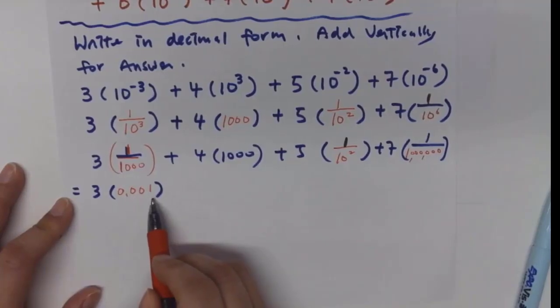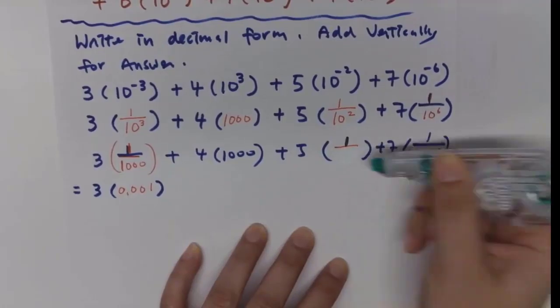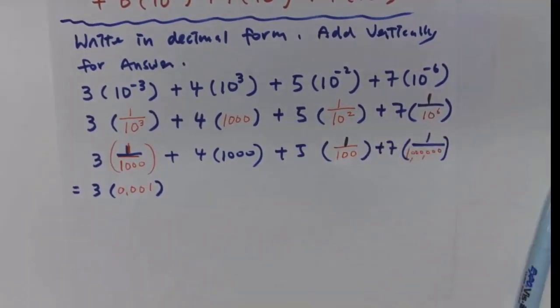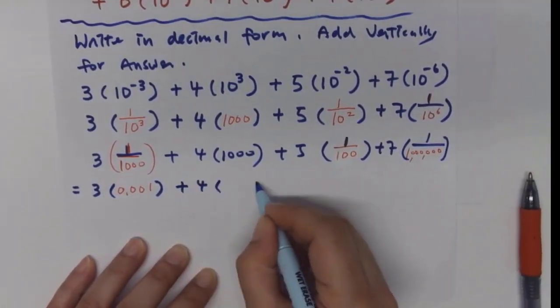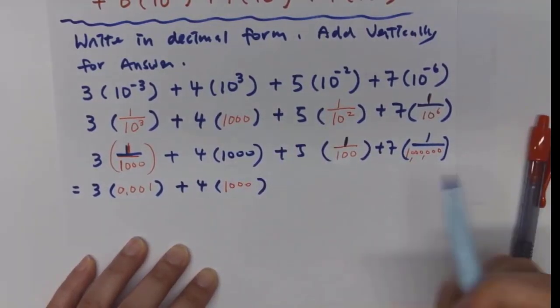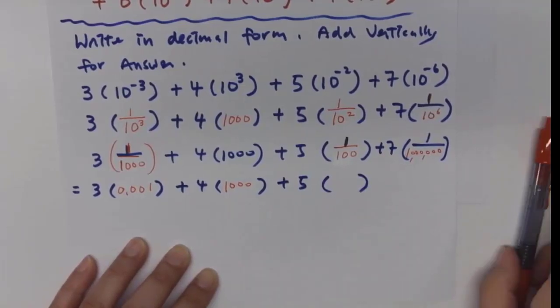So 3 decimal places. That's all. So that would be 1 with 2 zeros here. So the next one is still the place value of 1,000, so I'm going to leave it like that. And the next one would be 5. This time, how many decimal places?